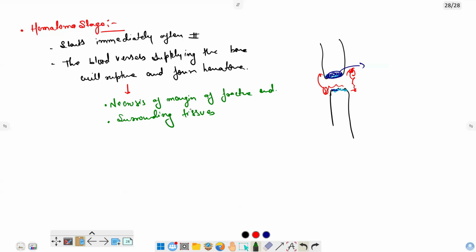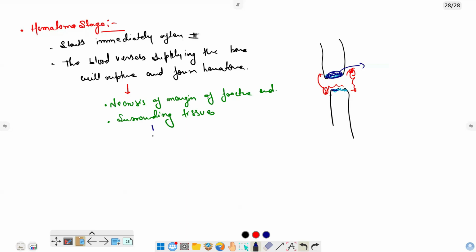The major cause behind the necrosis here is the rupture of the blood vessel, which stimulates the necrosis because of the loss of oxygen, because of the ischemia-like condition in that particular area.